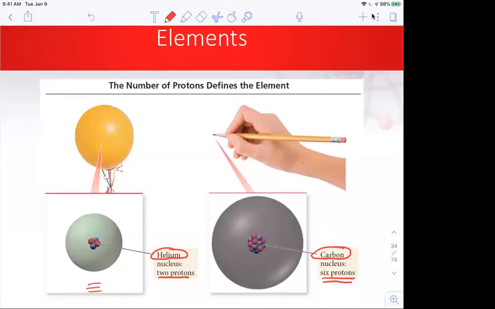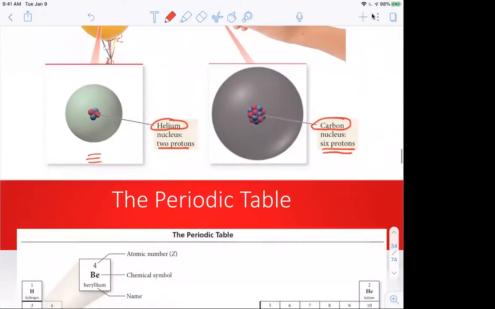Those are the red balls there. The blue balls are the neutrons in that nucleus. This carbon atom has 6 protons. If I don't have 6 protons, I'm not carbon. Helium has 2 protons. If I don't have 2 protons, I'm not helium. So the number of protons actually defines, identifies the element.